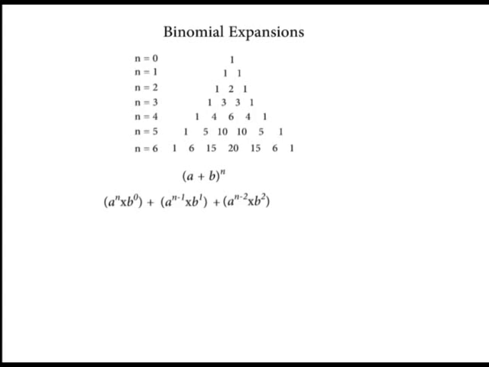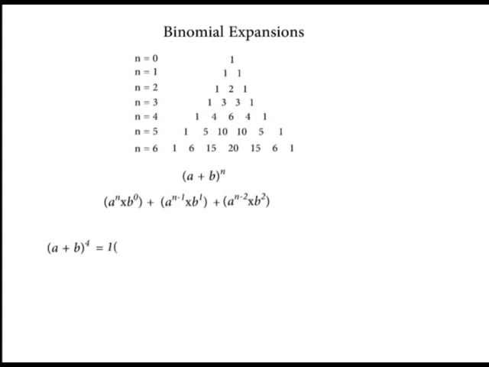For example, consider a plus b raised to the power of 4. Here, n is equal to 4, and from the Pascal triangle, the coefficients are 1, 4, 6, 4, and 1. We expand. First terms, the coefficient is 1.